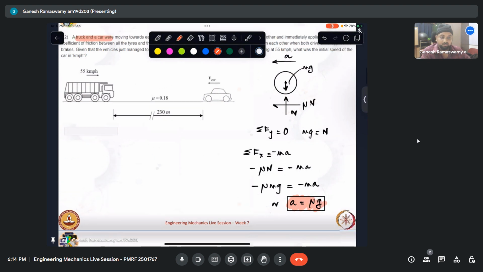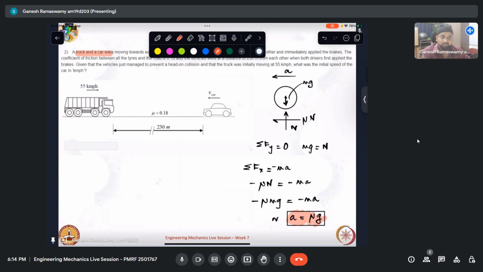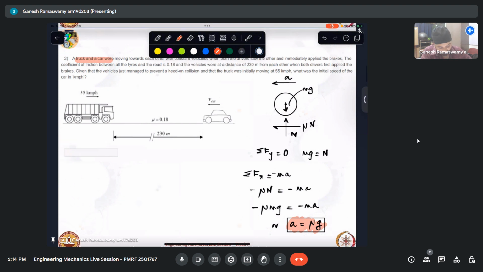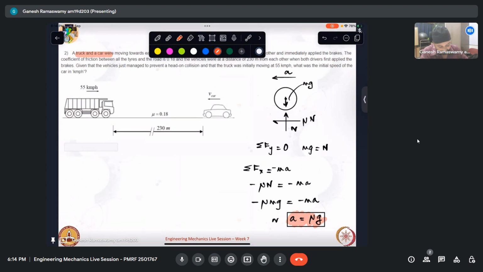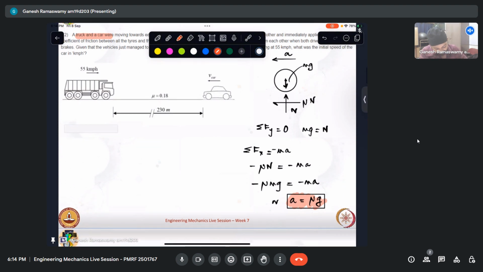Okay, so we have derived what the acceleration is, what the deceleration of each of these vehicles is. Now let us apply this. We take it that the force has been applied, there is no other force, so essentially the acceleration is constant. So what is happening is the total distance traveled is 230 meters.